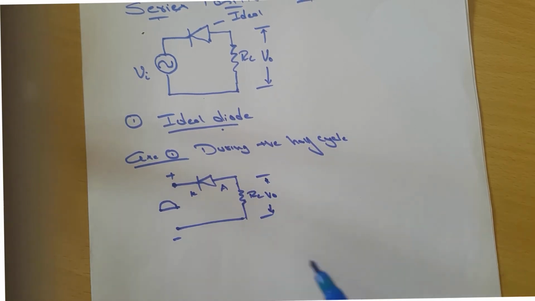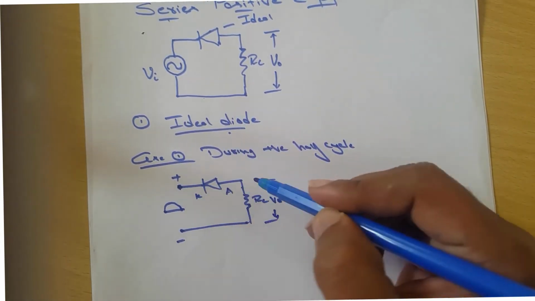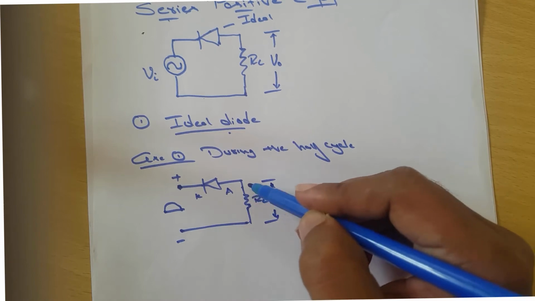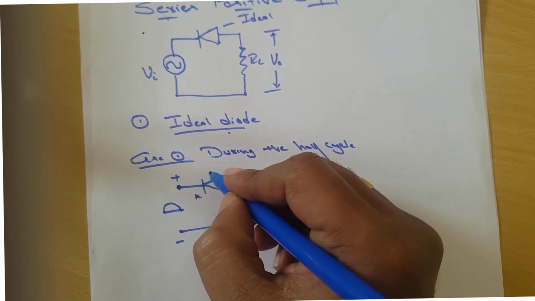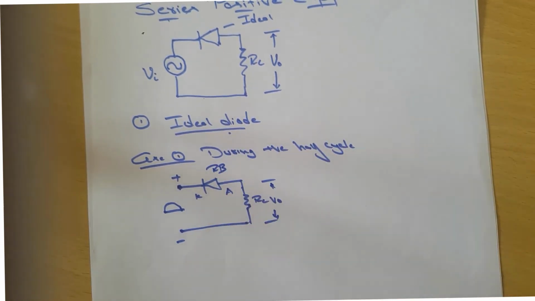Here the cathode is connected to positive and the anode is connected to negative through a load resistance. Therefore it is in reverse biased condition. As I already discussed, the reverse biased condition of a diode can be represented by an open circuit switch.